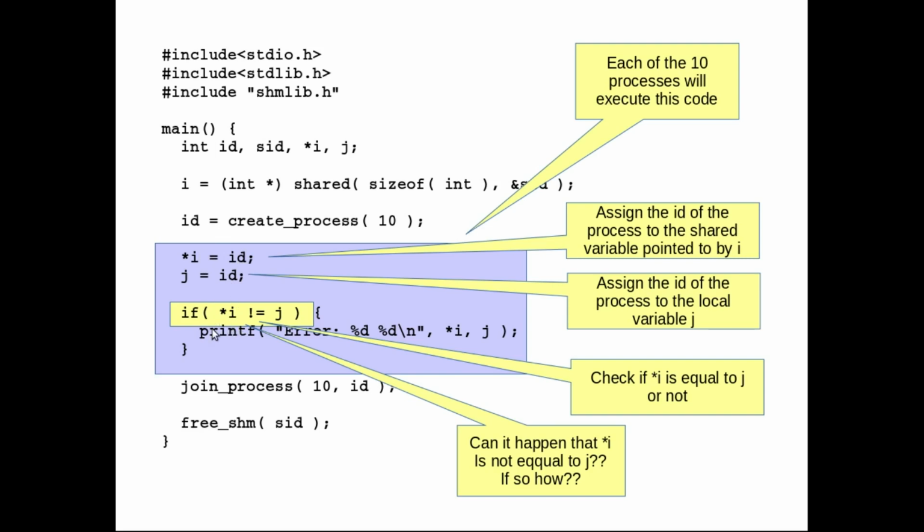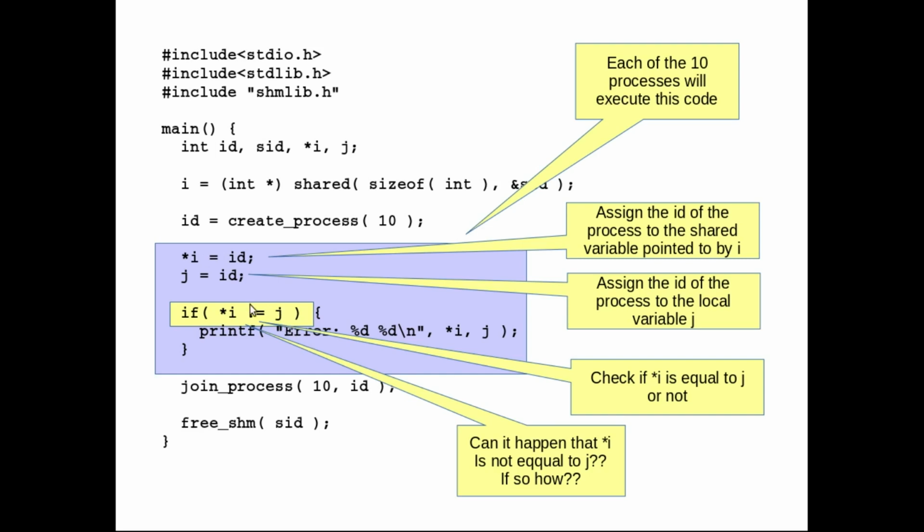So in sequential code, star of I will always be equal to j, and hence we will never print this error statement. However, now when we have multiple processes, it may happen that star of I is not equal to j, and hence the error message may get printed.